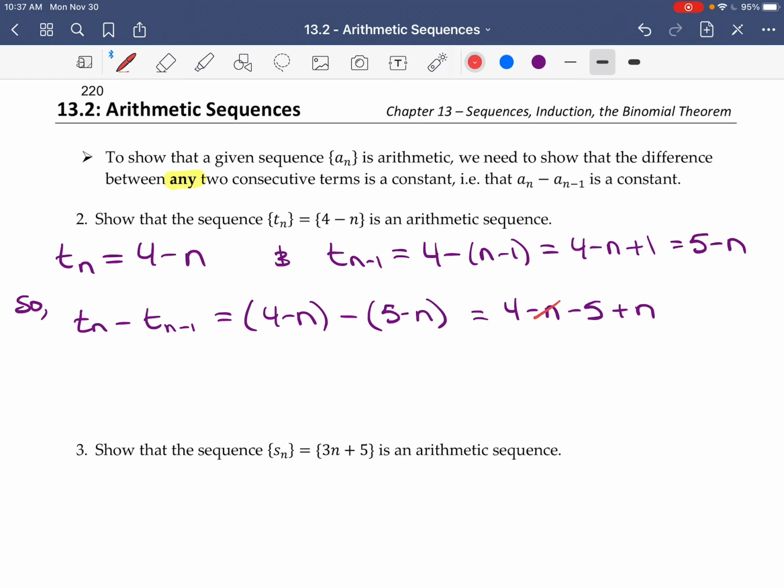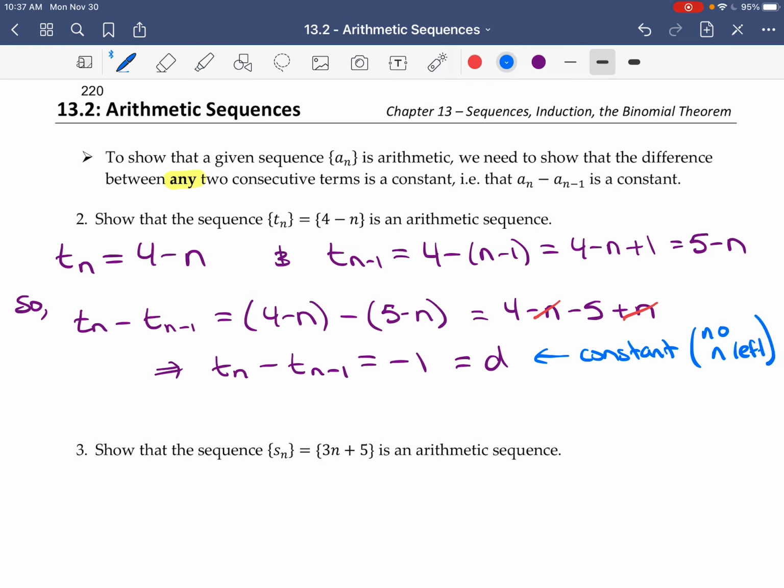Now the negative n and the positive n cancel out. So I know that Tn minus Tn minus 1 is just negative 1. That would be my d value. So this is a constant. What I mean by that is there's no n anymore. It's just a number.